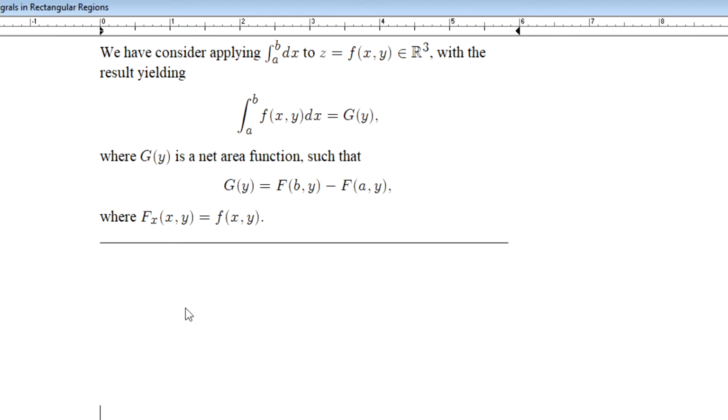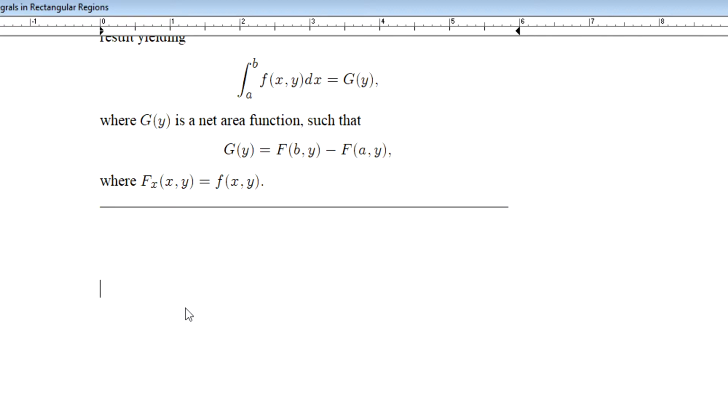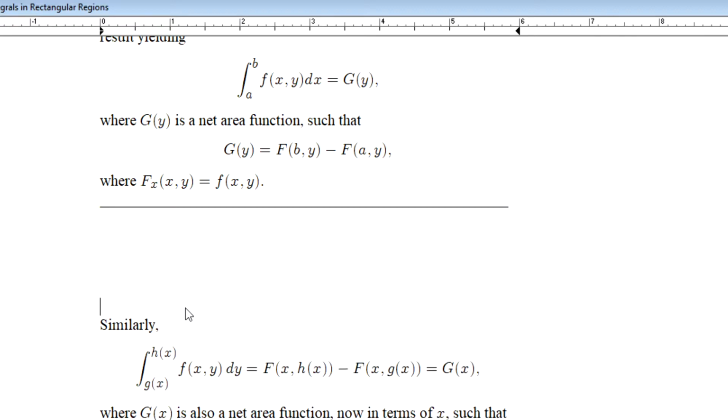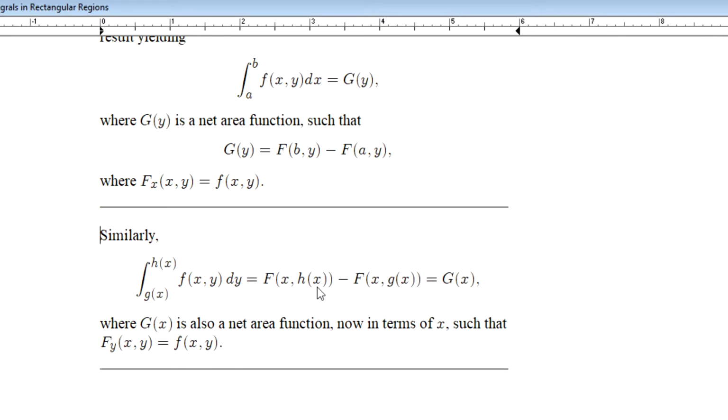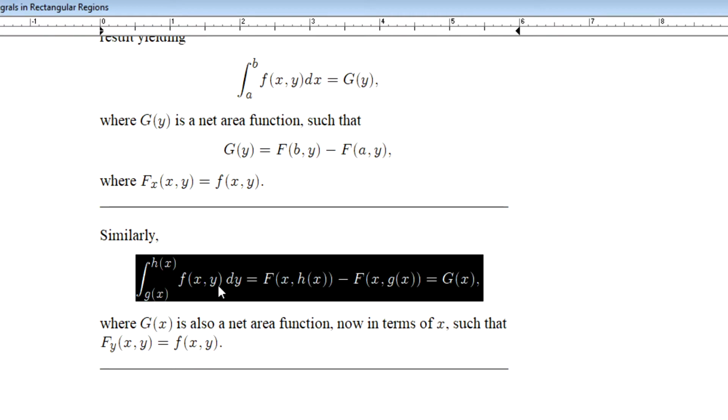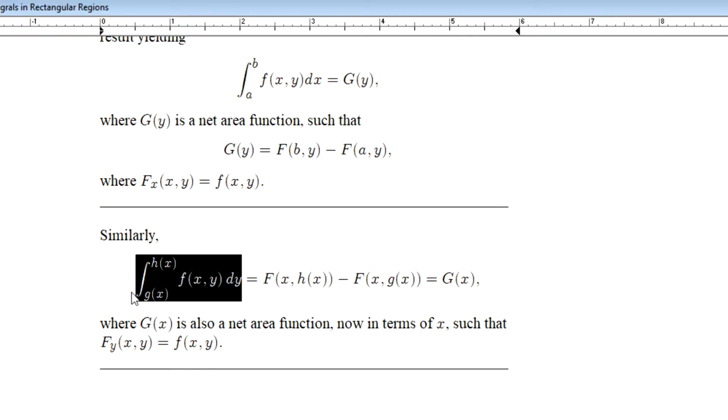Let's take this a little further, I believe. Let me bring up my next note here. Similarly, we can go on to say, if we consider applying a linear integral operator, notice again here, I'm taking this idea of linear integration, this single integral operator, and we apply it to a multivariable function f contained in three-dimensional space again, but we apply it across bounds now that are functional bounds.